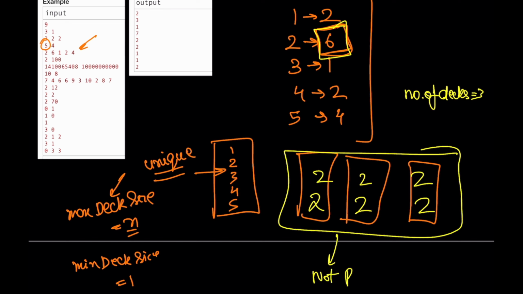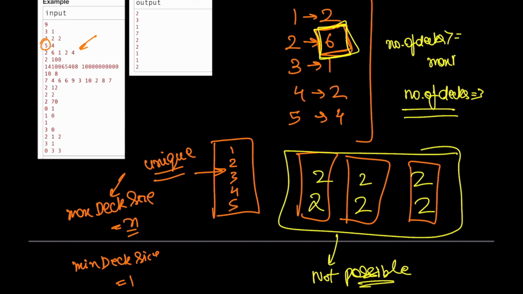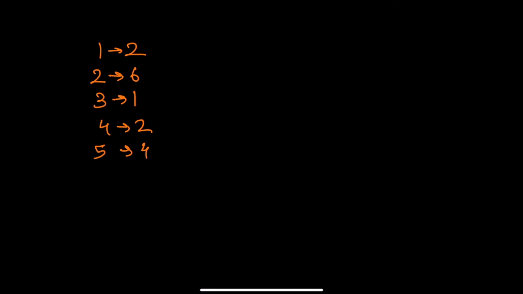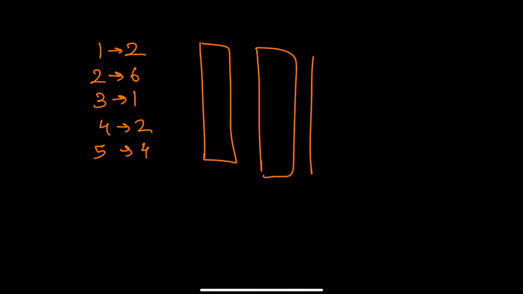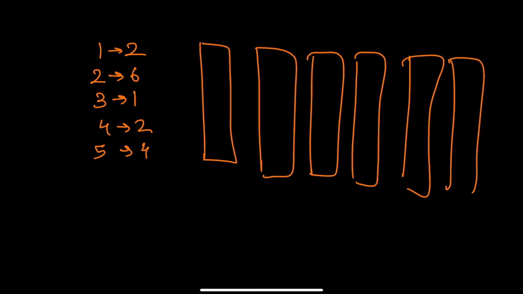It is not allowed. Let me make 6 decks now. If I have 6 decks, I can have one 2 in each deck, so it won't repeat here. If I had seven 2s, then only it would repeat.